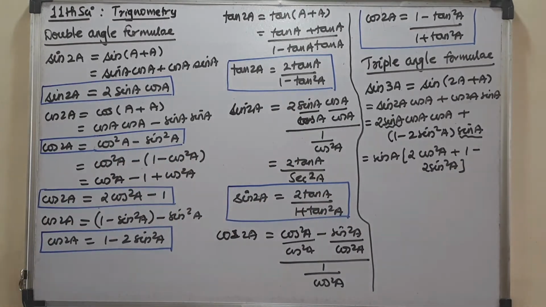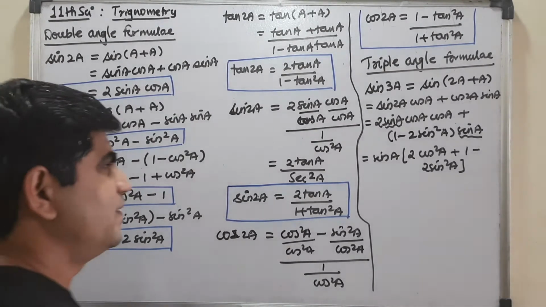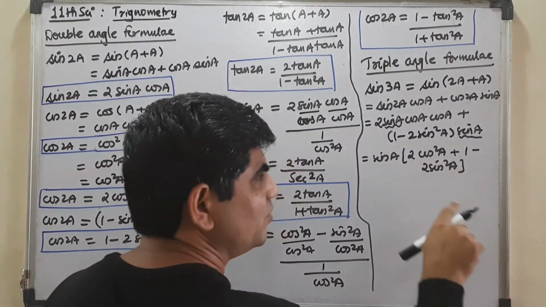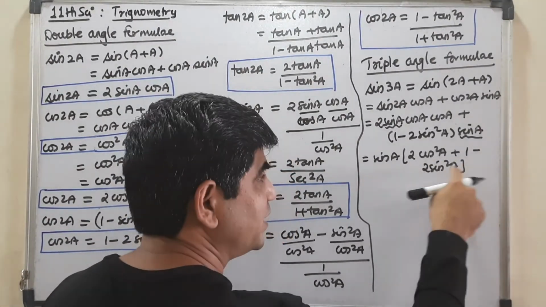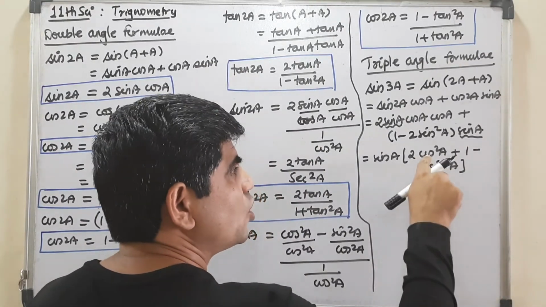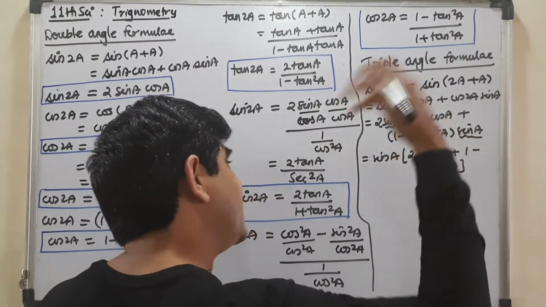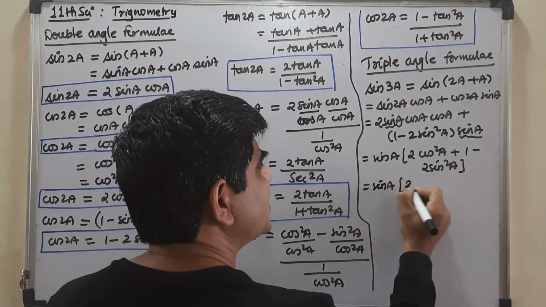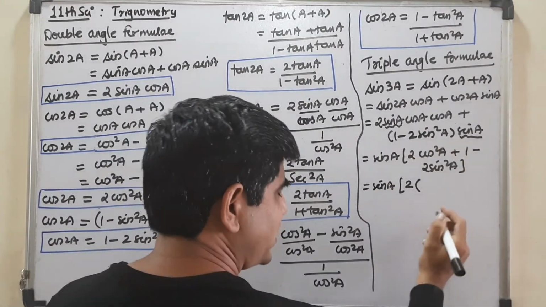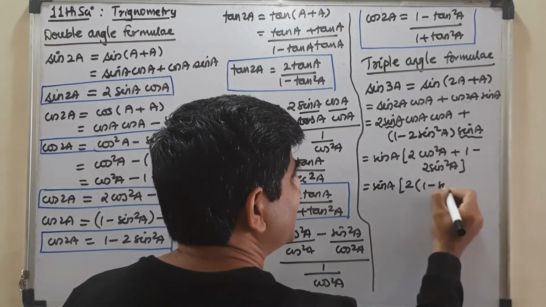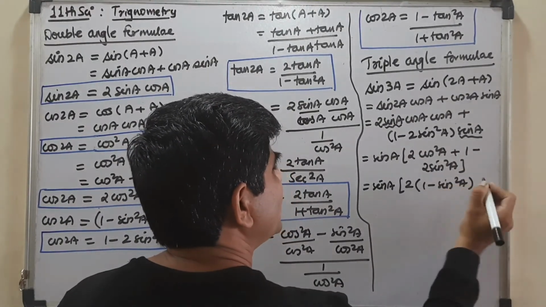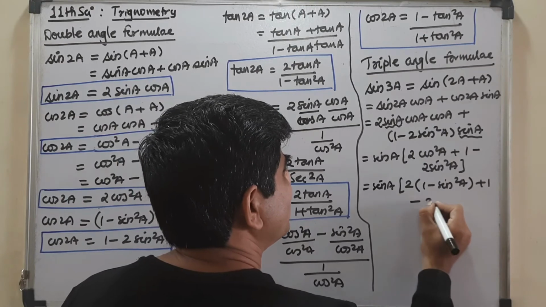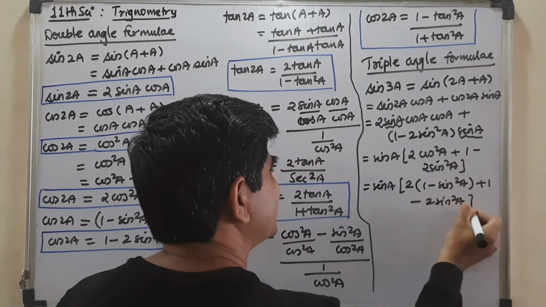Now don't get confused, this is not a plus sign here, it is a minus. I don't want cos square a, so I will make it sine again, because I decided to convert everything into sine. Cos square a is equal to 1 minus sin square a, plus 1 minus 2 sin square a.